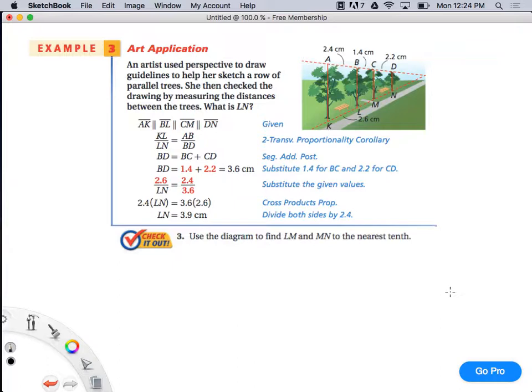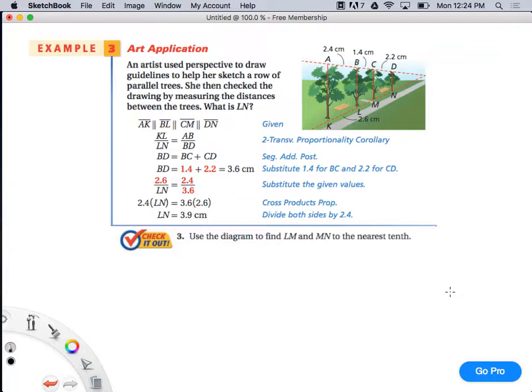Well, LN is from here to here, right? No, you have to figure out what it is by using the ratios and then solving. So you have to figure out which are your segments that are being divided proportionally.